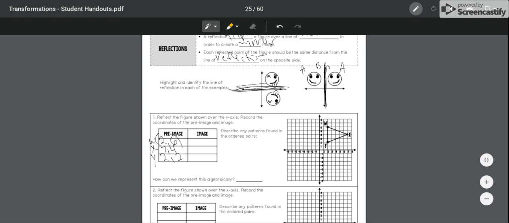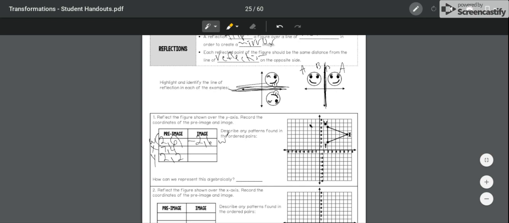Okay, now we're going to reflect it. So you have to do every point the same, so there's different ways you can look at it. If you look at the W, it's over 2, so you need to make sure you go over 2 this way, and then you go up the same amount, up to the 6. So we've got to go up here and put our little dot. So we had back 2 and up 6, and that was for W prime.